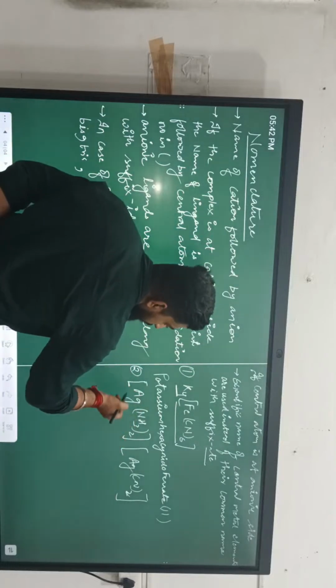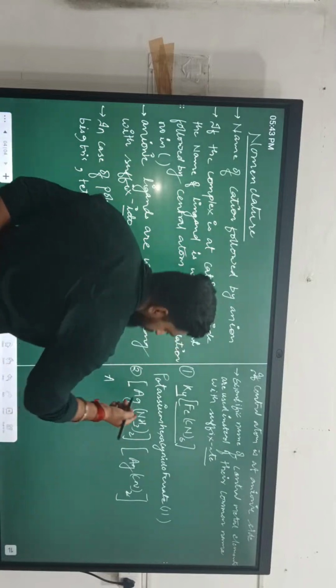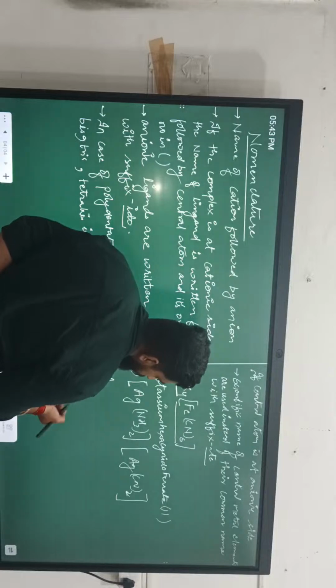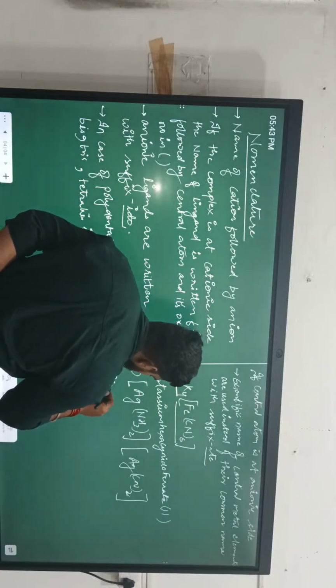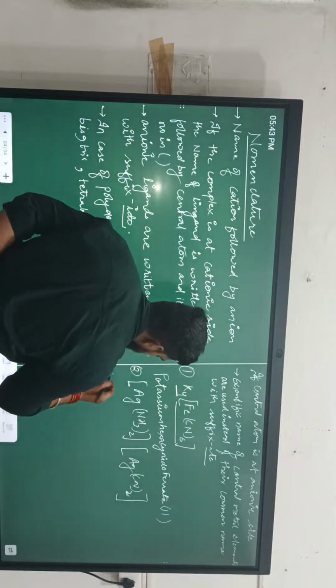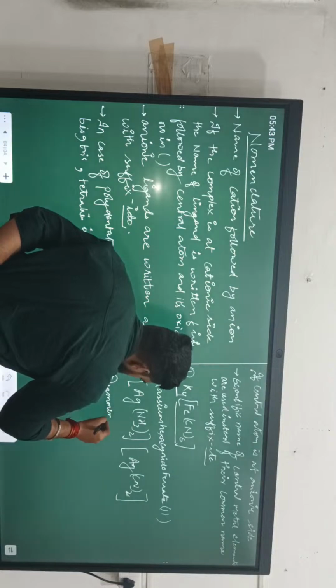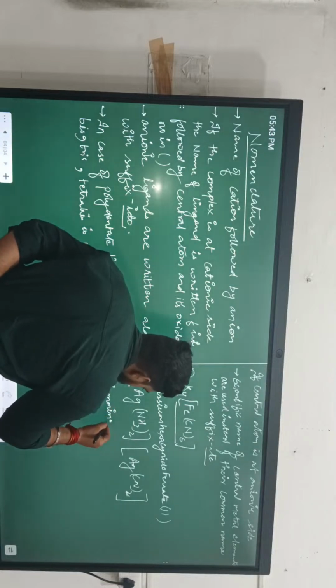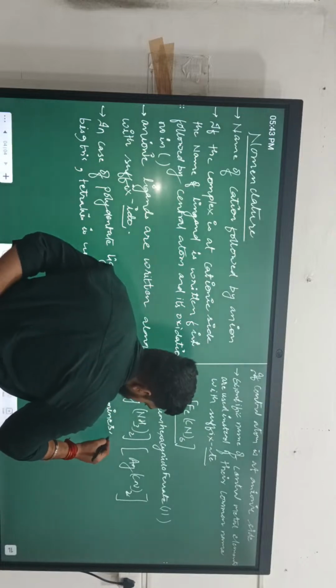Inside the complex, we will be writing the name of ligand first. Ligand is amine, which is neutral ligand. How many amines are there? Diamine. So diamine, silver.